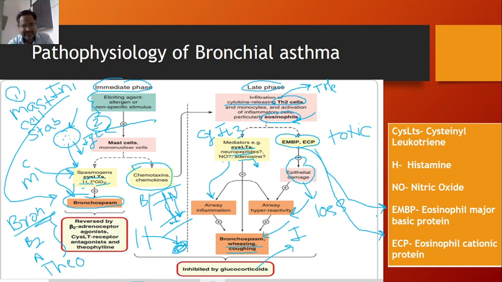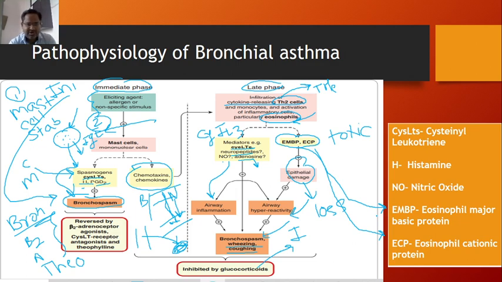By this diagrammatic representation you can clearly understand why you have to give the mast cell stabilizer, why you have to use the cysteinyl leukotriene antagonist drug, and why you have to use the bronchodilator drug in the treatment of bronchial asthma, because you have to stop the process of bronchoconstriction, hence you use the bronchodilator drug. You have to stop the release of inflammatory mediators, hence you use the mast cell stabilizer. You have to stop the activity of the IgE antibody, so you give its monoclonal antibody. You have to stop the inflammation, hence you give the glucocorticoid drugs.